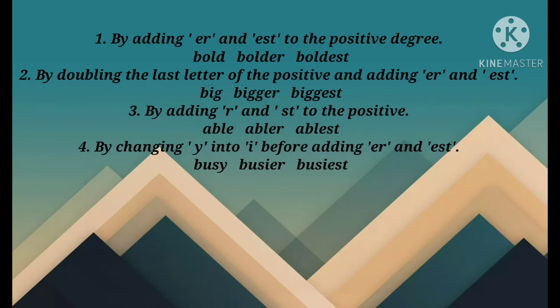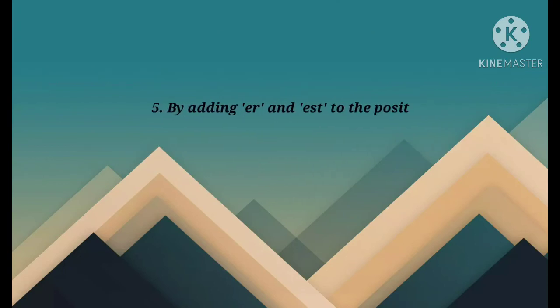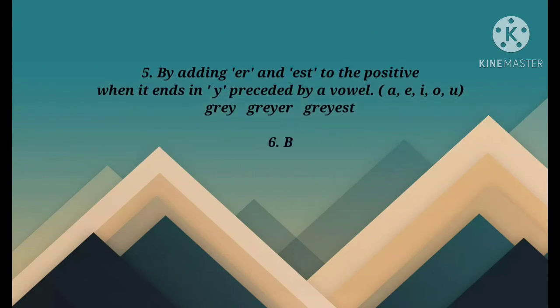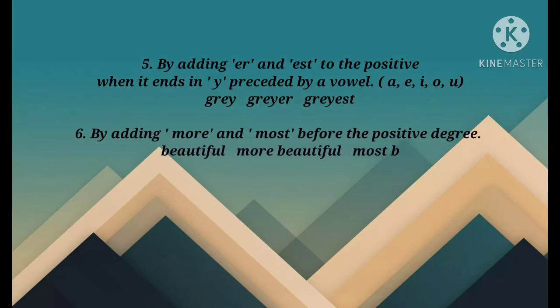For example, busy: we remove Y and put IER in the comparative degree and it will be busier, and IEST in superlative degree, then it will be busiest. So busy, busier, busiest.